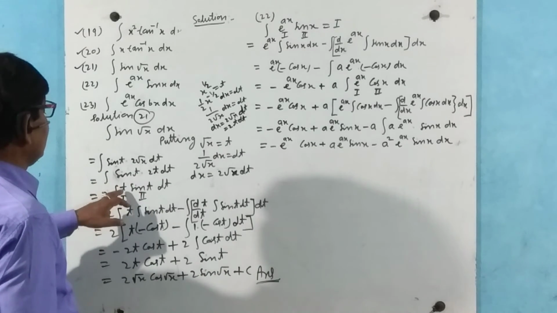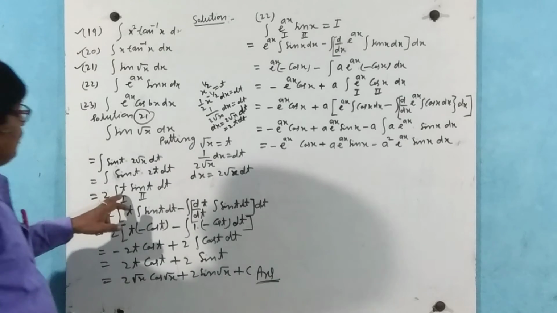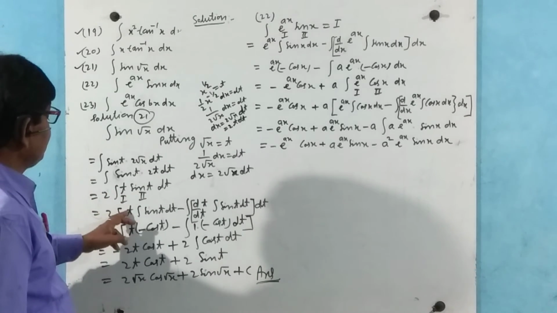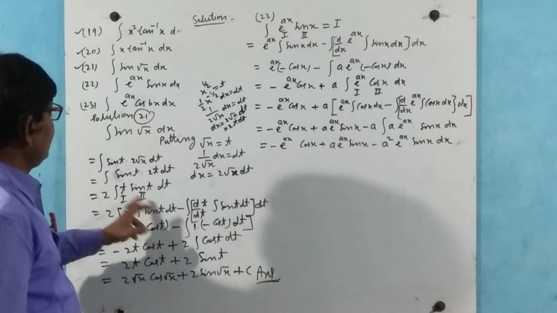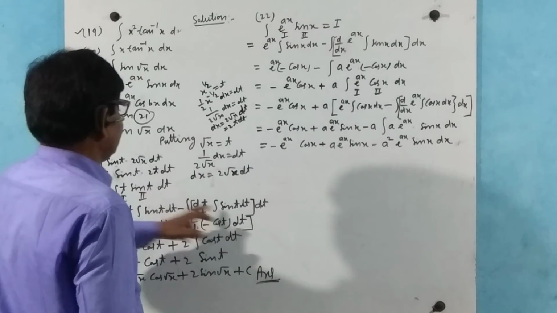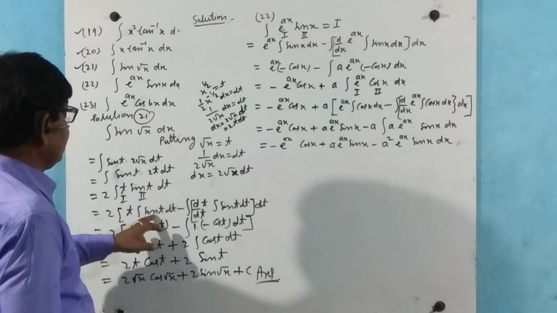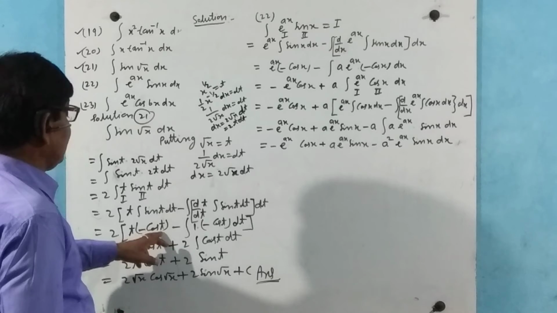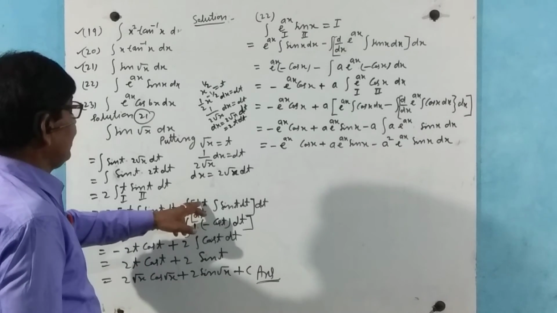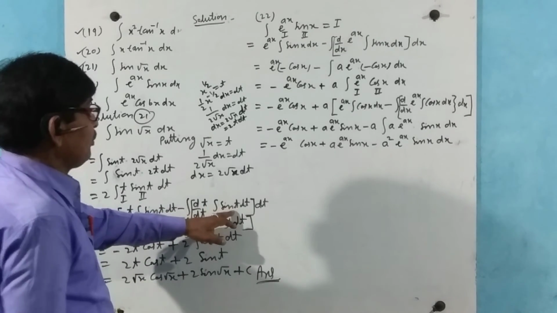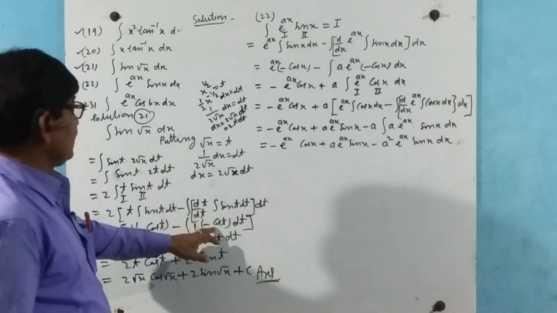2 comes outside. We apply the formula of first function into second function: first function, integration of second, minus differentiation of first, integration of second. Now t, integration of sin t is minus cos t, and differentiation of t is 1, and integration of sin t is minus cos t.